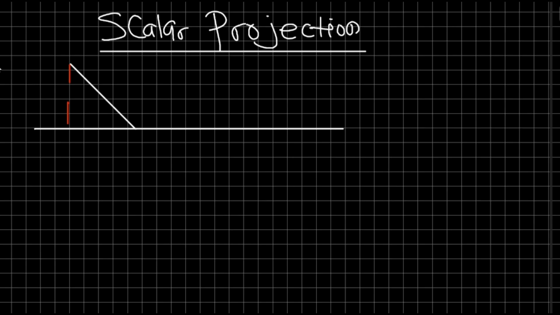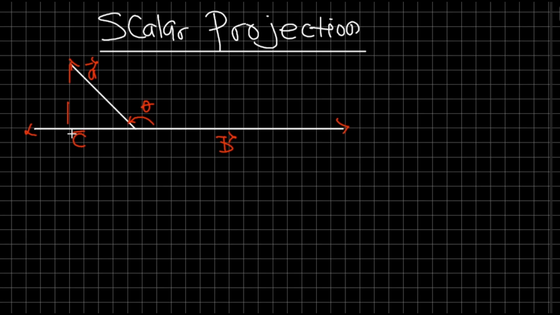So let's say this is angle theta, and if this is vector b, so if this is vector a and this is vector c, it goes in this direction.